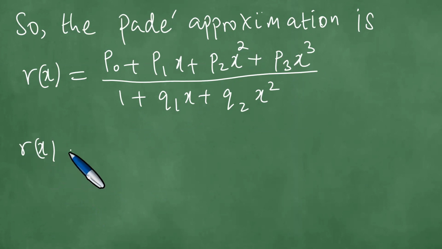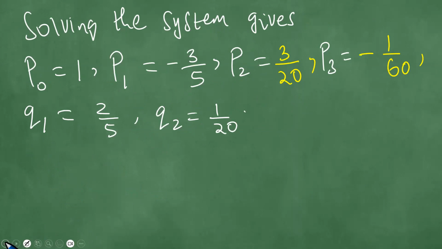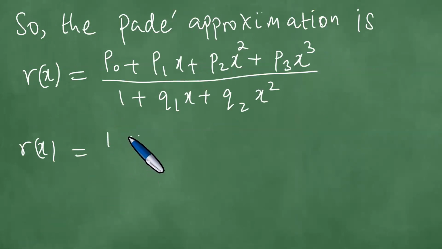which means, therefore, we perform substitution. What is p naught? We have seen that p naught is 1. P naught is 1, and then P1 is what? Is minus 3 over 5, minus 3 divided by 5, x. P2 plus 3 out of 20.